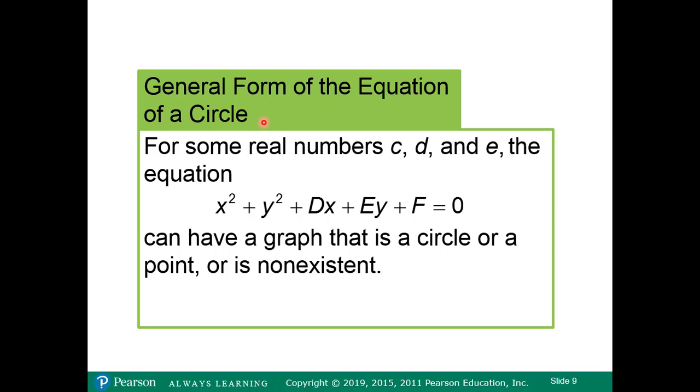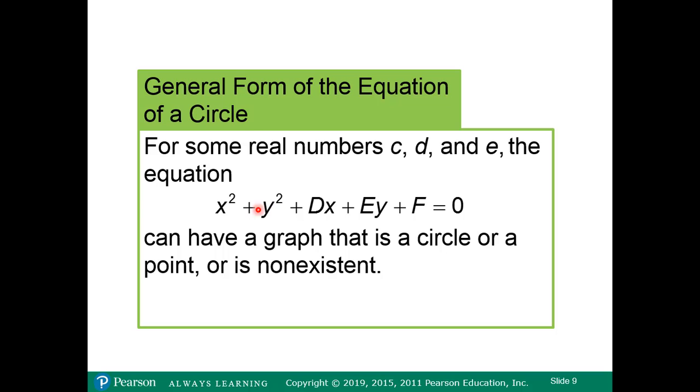Now the general form of the equation of a circle is given by this form. Notice that it's x squared plus y squared, and then it's got these two x and y terms, and then it's got a constant term. So it's always of this form. This is the general form of a circle.